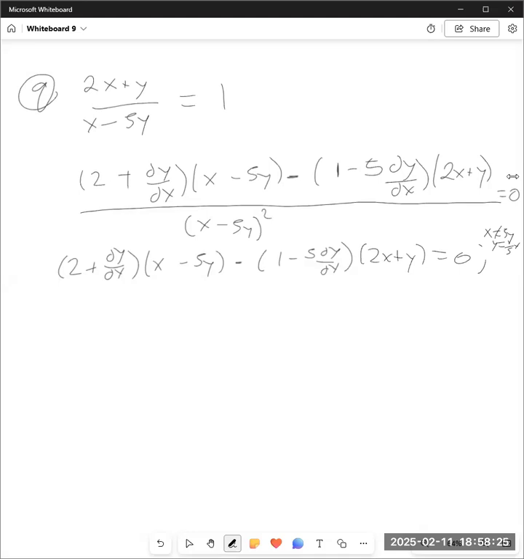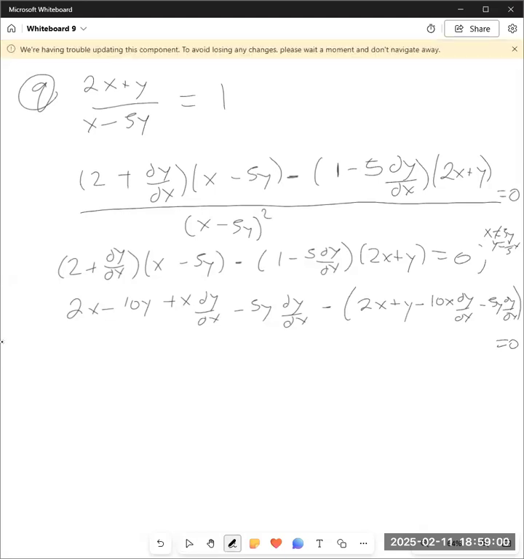So let's go ahead and distribute everything here. I have 2x - 10y + x dy/dx - 5y dy/dx - (2x + y - 10x dy/dx - 5y dy/dx), and all of that equals 0.